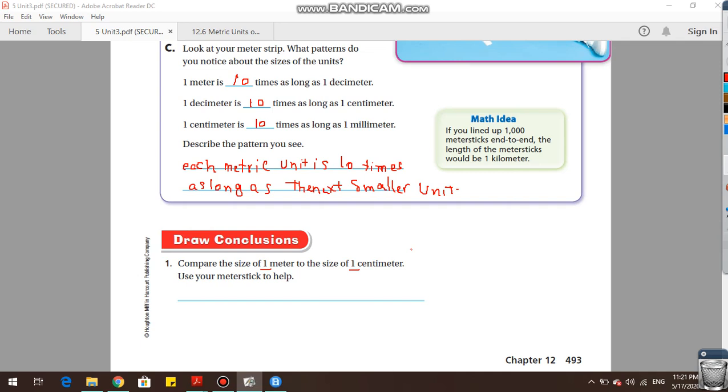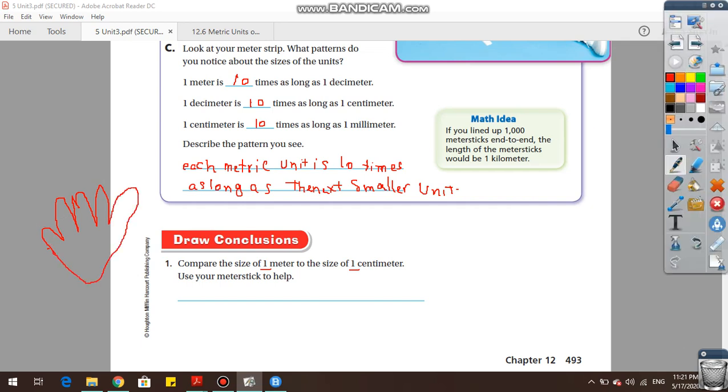Of course, I will have a trick for you to convert from meter to centimeter and actually to convert between any metric units. Let's imagine that this is your left hand.